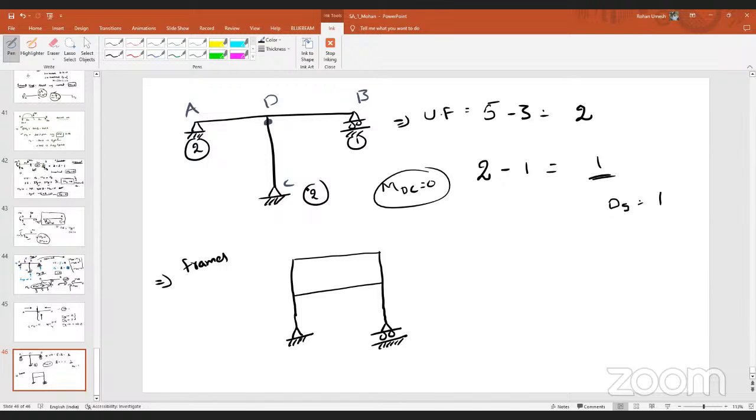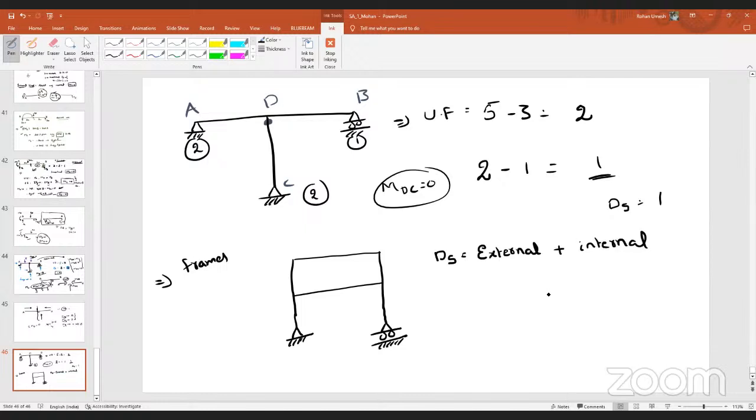As I am telling you, as of now, in most of the examples we have seen, the determinacy is with respect to the external supports. But here I will tell you, if you are talking about indeterminacy, two indeterminacies are possible. One is external indeterminacy and another one is internal indeterminacy.